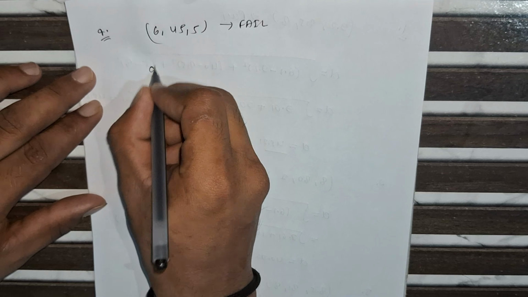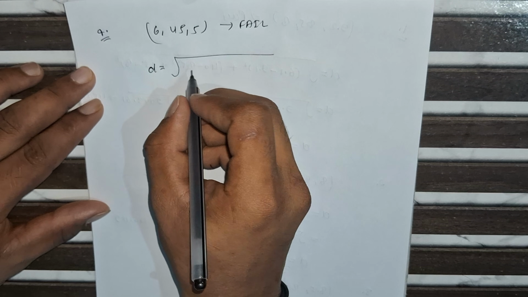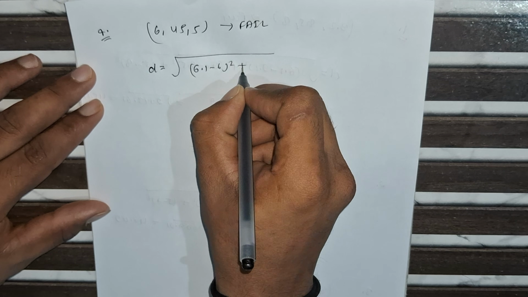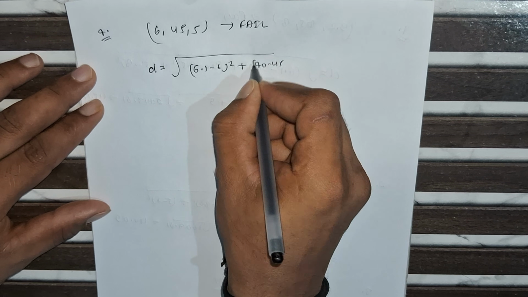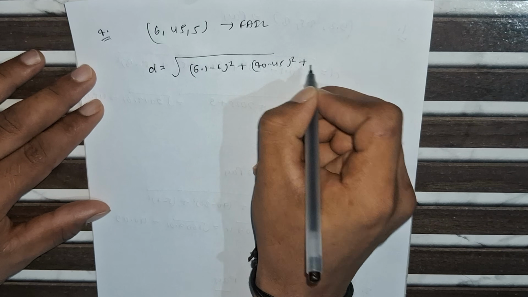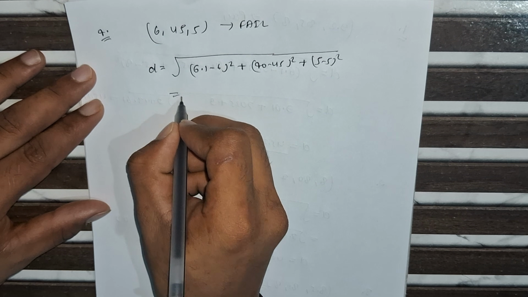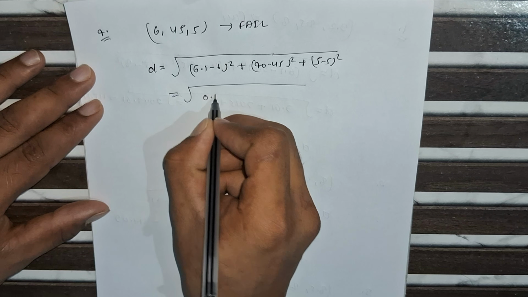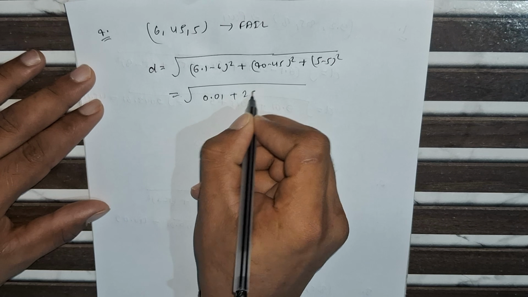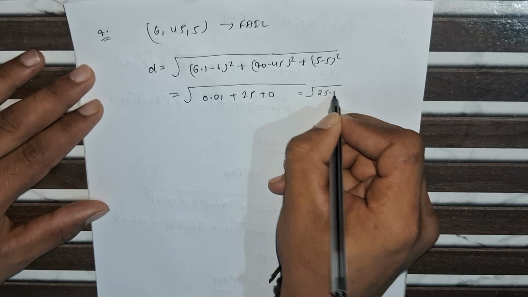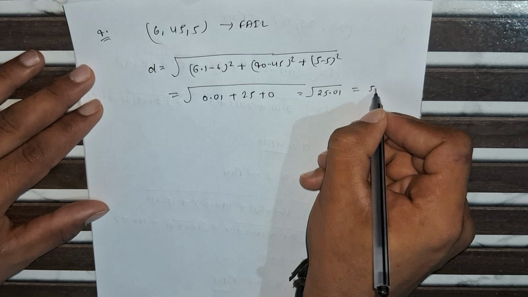So our distance equals to 6.1 minus 6 whole square plus 40 minus 45 whole square plus 5 minus 5 whole square. When you calculate it, it becomes 0.01 plus 25 plus 0, which is equals to under root 25.01, which is 5.00.